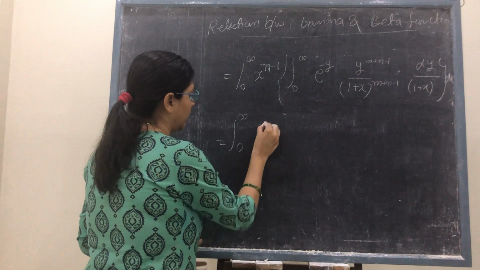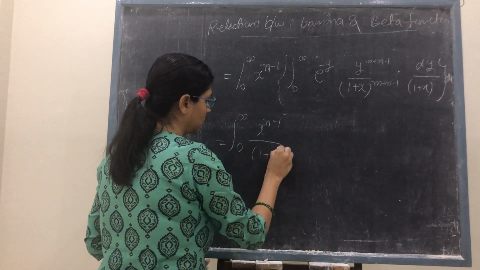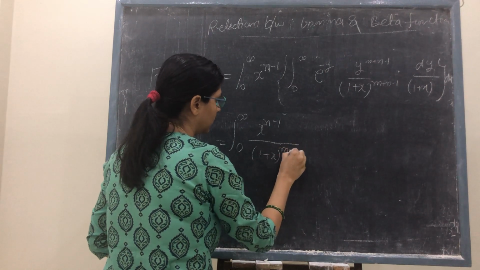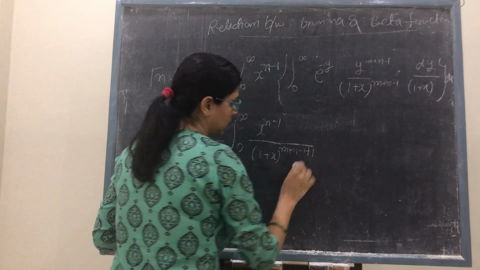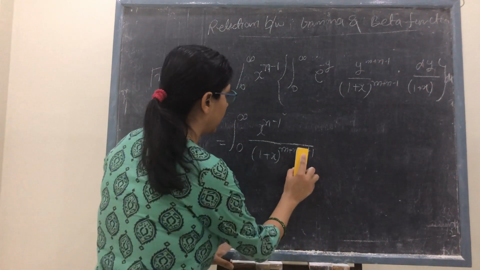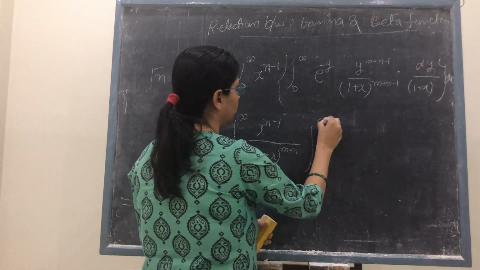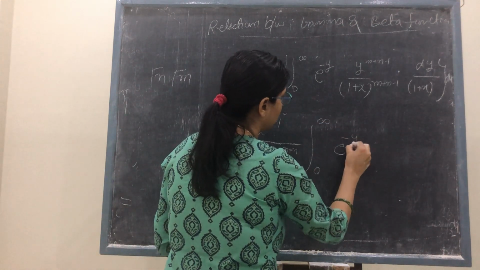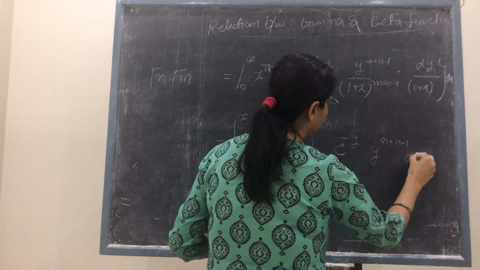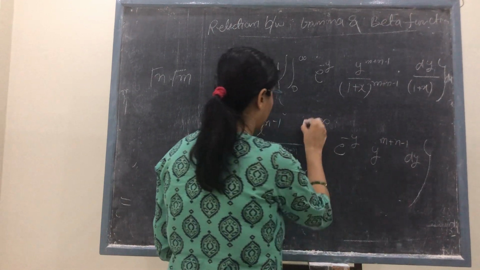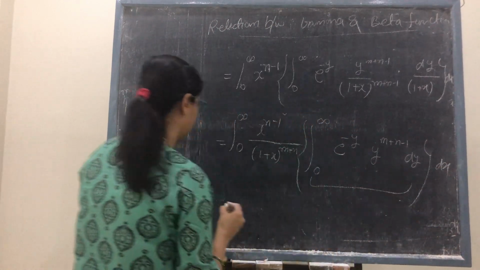There x is to the power n minus 1, 1 plus x is to the power m plus n minus 1 and plus this 1, so this is cancelled out, so we can write this m plus n. Integral from 0 to infinity e raised to the power minus y, y raised to the power m plus n minus 1 dy, into dx.